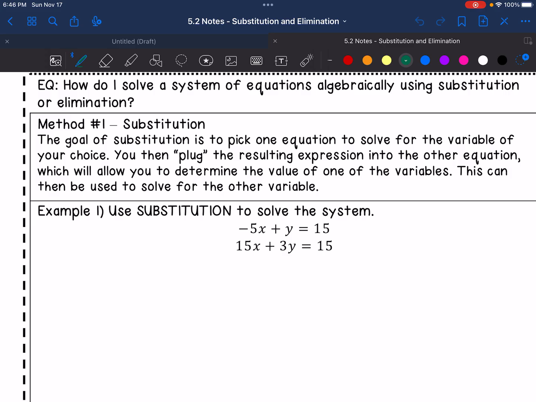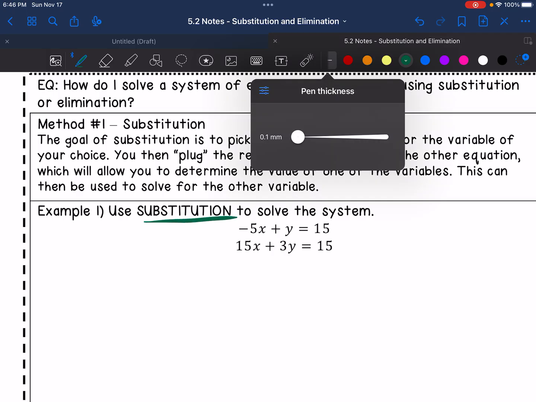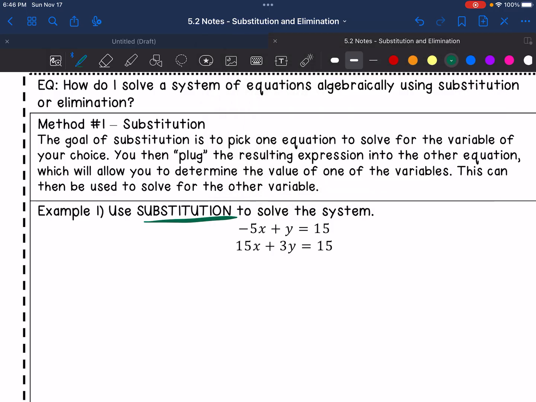So we're using substitution to solve the system. All right, so we've got our two equations. I've got equation 1 and equation 2. I'm going to choose one of those equations to get one of the variables by itself. It does not matter if I want to get x by itself or y by itself.